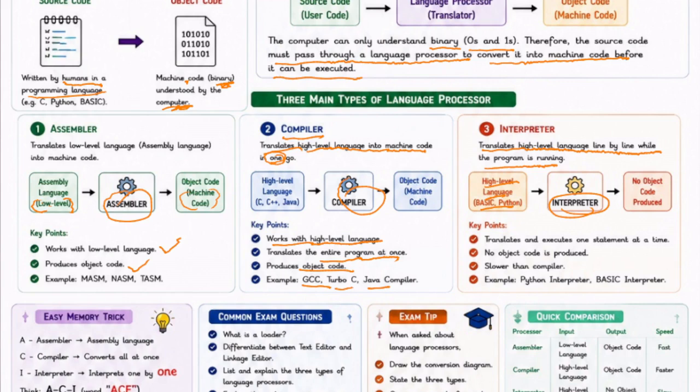But there is no object code produced in an interpreter. It's not as if it doesn't create object code, but the object code is executed at that time before moving to the next line of code.